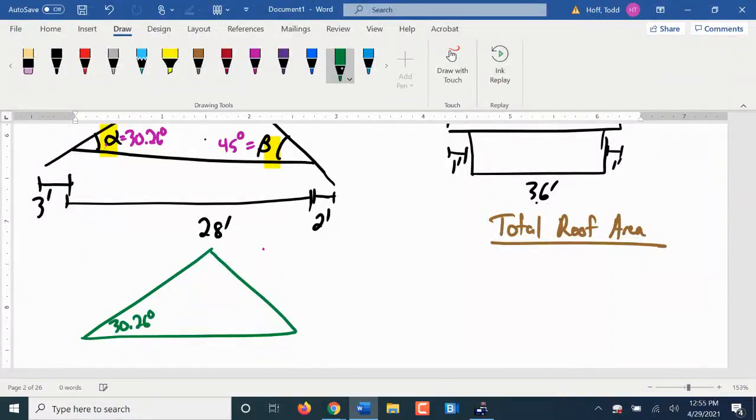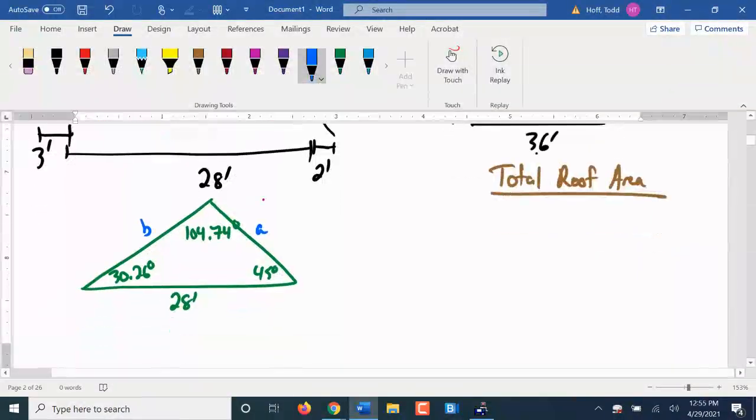Got 30.26 degrees, 45 degrees, and 104.74 degrees. And I know 28 feet across the bottom. I call this side A, side B. I can find A and B here rather quickly.